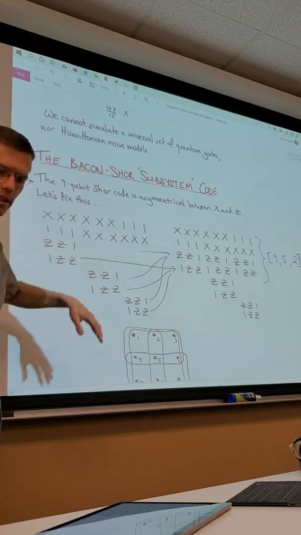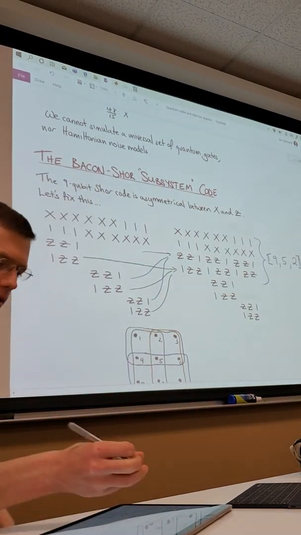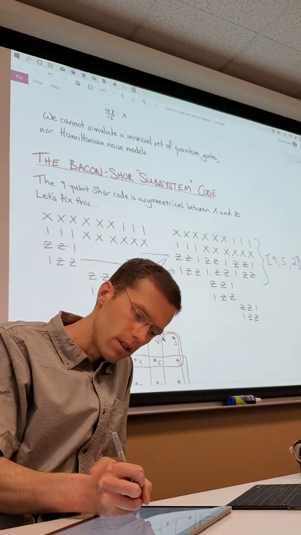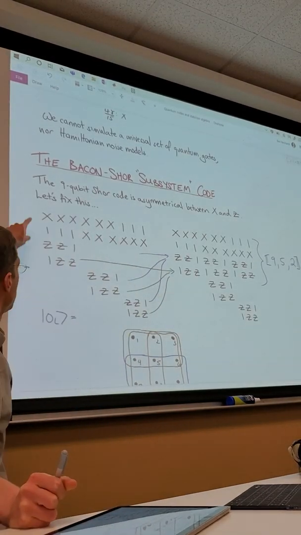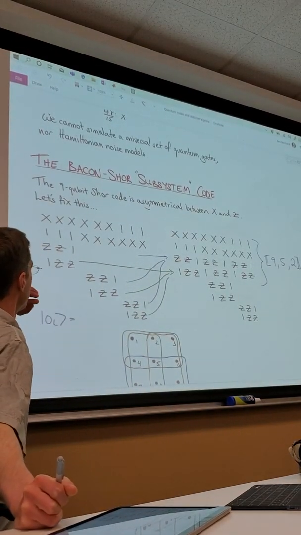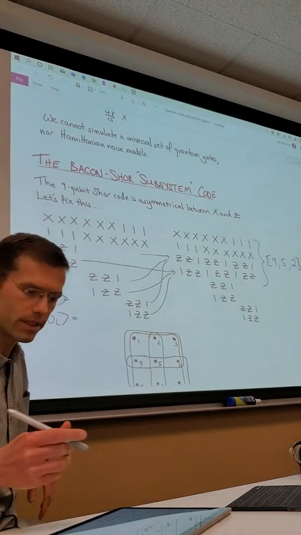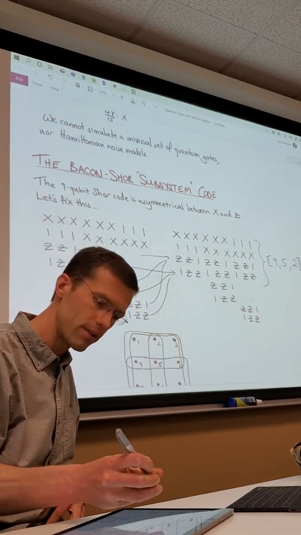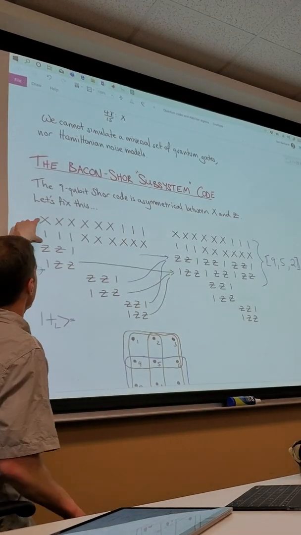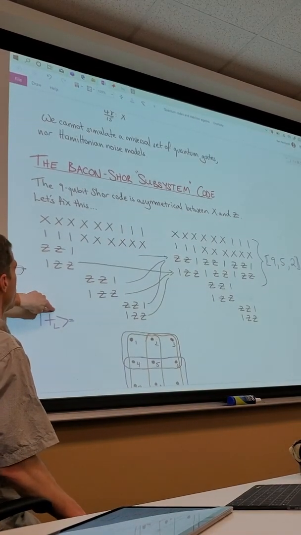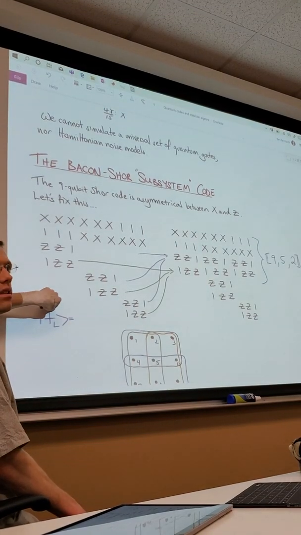If you look at this code here, logical 0 is a state that's stabilized by all these. Let's look at logical plus. So logical plus is stabilized by all these 8 stabilizers plus logical x.